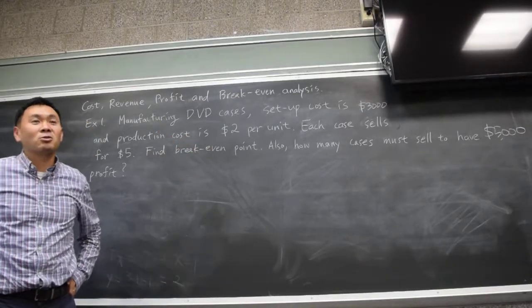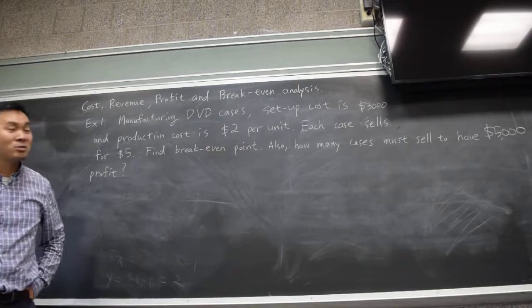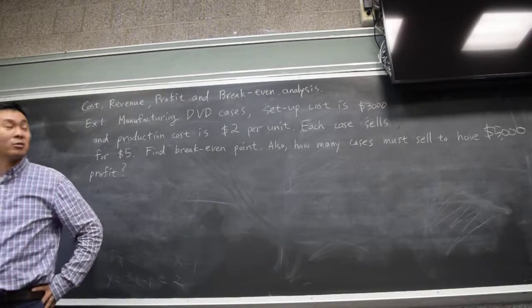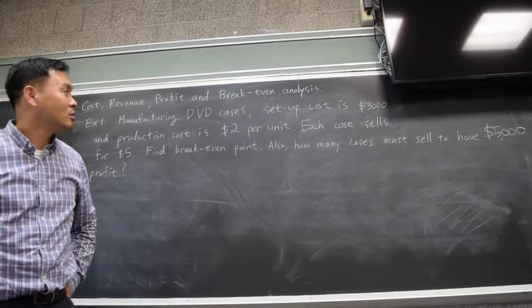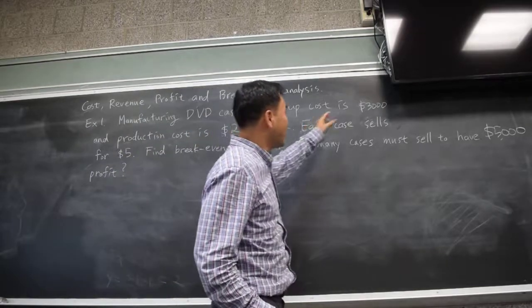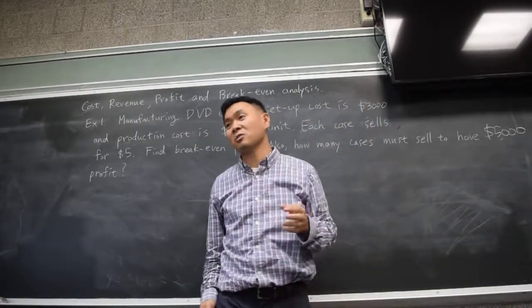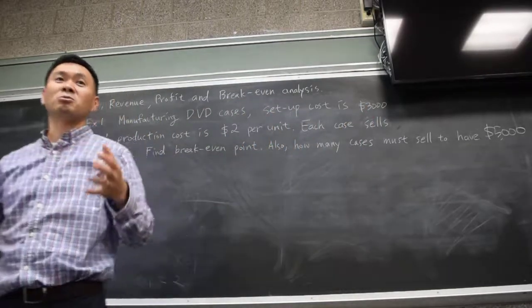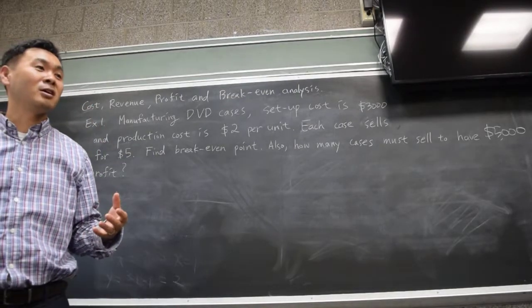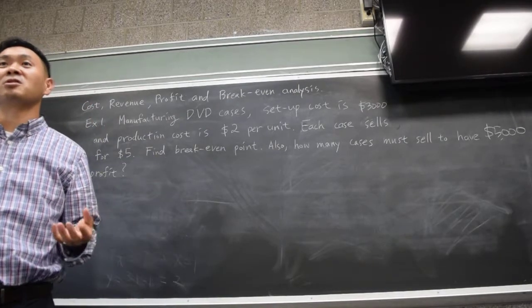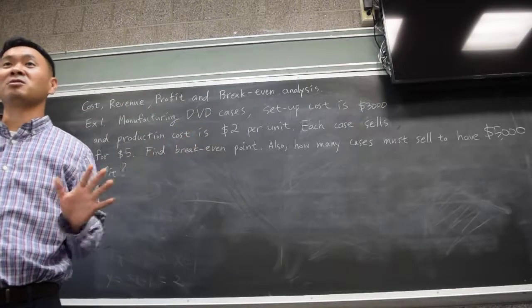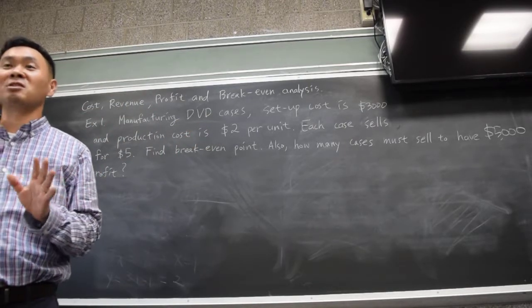Okay. So you're trying to manufacture DVD cases and sell them, and it turns out that the setup cost is $3,000. That means you have to borrow the machine, you have to borrow the material, and you have to make everything set up. And these are the setup costs.